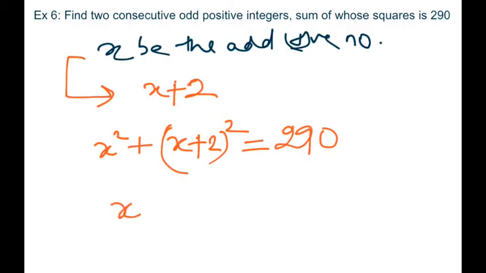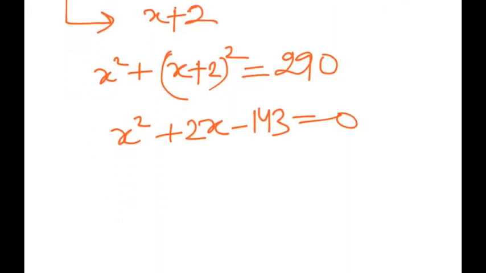Solving this, we'll get x square plus 2x minus 143 equals 0.